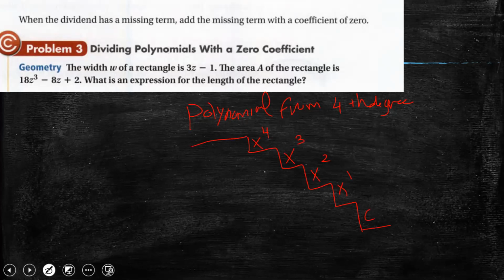So if we have a polynomial of 4th degree, that means I have x to the power 4 plus x cubed plus x squared plus x plus c.